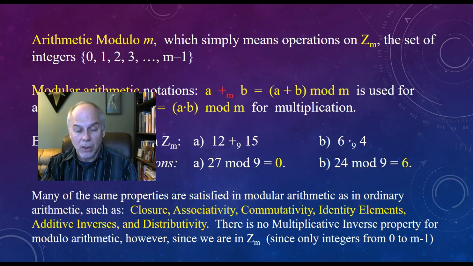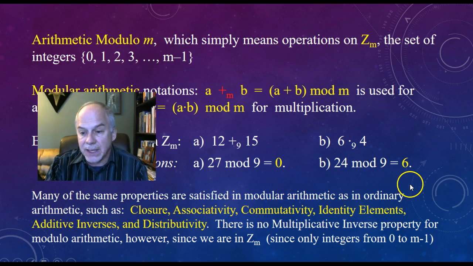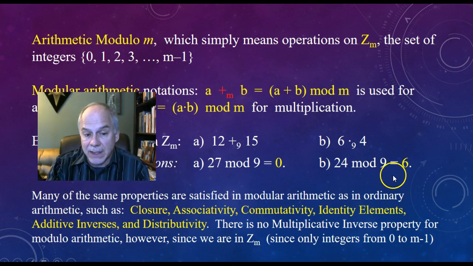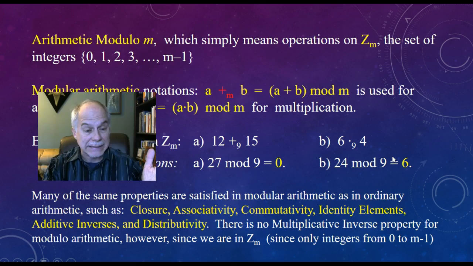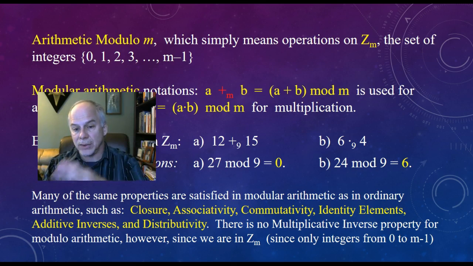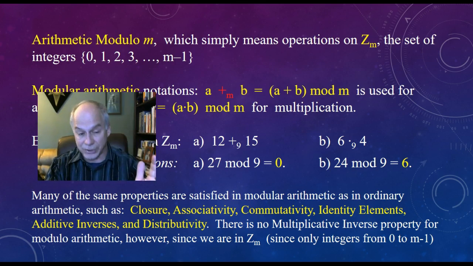All right, now many of the same properties are satisfied in modular arithmetic as in ordinary arithmetic, such as closure, associativity, commutativity, identity elements. Identity elements would mean you add, what number do you add to another number so that other number is not changed? Well, 0, right? So 0 is the identity element for addition.